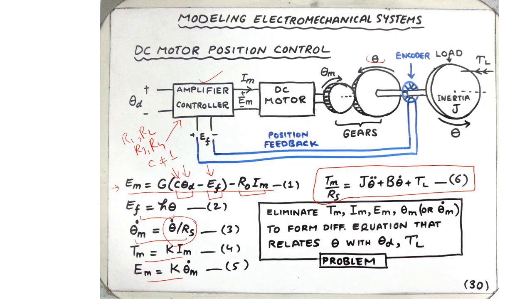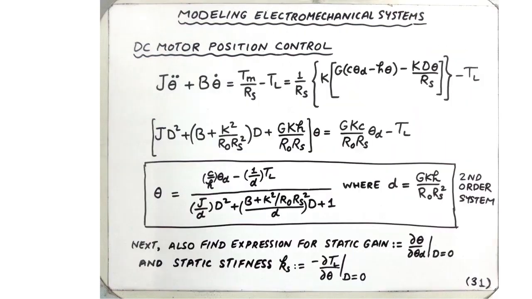We are supposed to utilize all these equations to eliminate Tm, Im, Em, theta m to form a differential equation that relates theta with theta d, one of the inputs, the desirable input, and the other input TL, which is undesirable. We can manipulate those six equations and do some algebraic simplification and obtain the expression shown here.